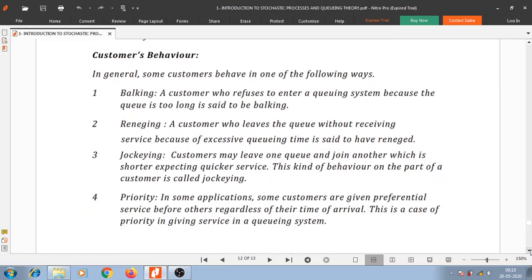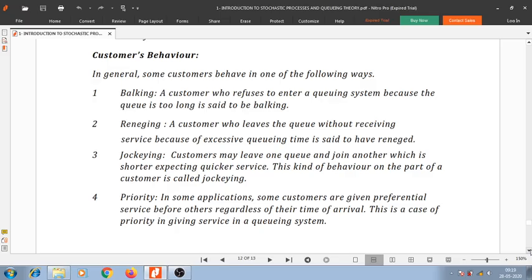Okay. Now customer behavior. In customer behavior, generally we talk about balking, reneging, jockeying and priority. So what is the meaning of that? Suppose some customers enter the waiting line, but they lose their patience and leave, refusing the service, discouraging. Suppose some customers move from one queue to another queue because the second queue may be shorter.